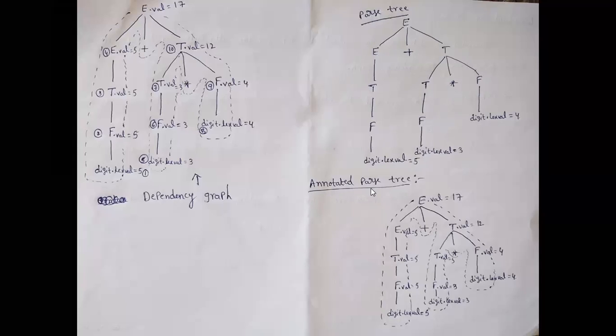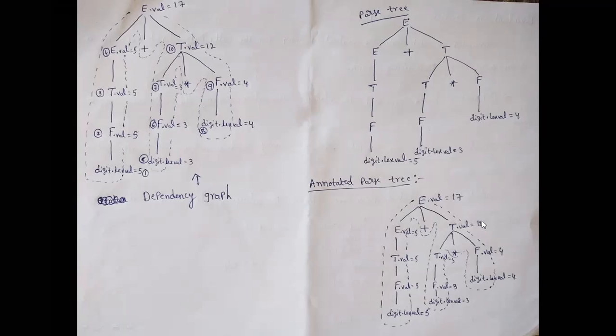So what is an annotated parse tree? We construct the annotated parse tree from top to bottom and left to right. First, this one is replaced by F dot value, and this F dot value is replaced by T dot value, and T dot value is replaced by E dot value. Then we move here.